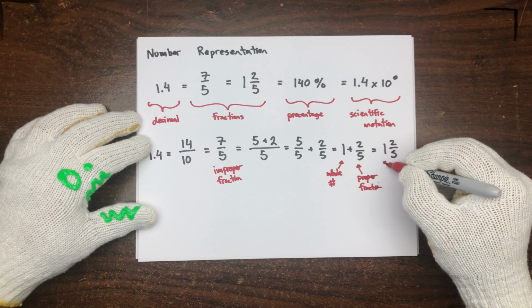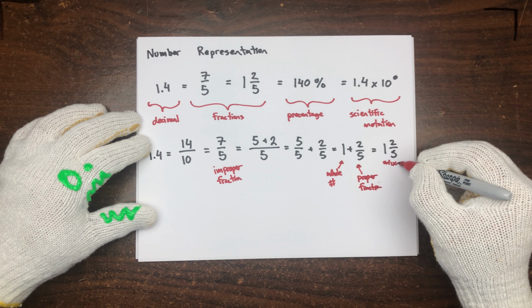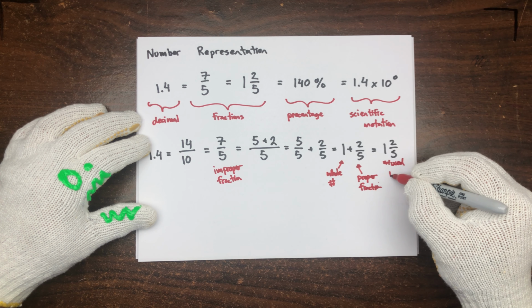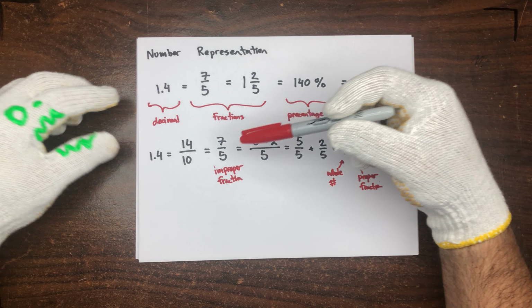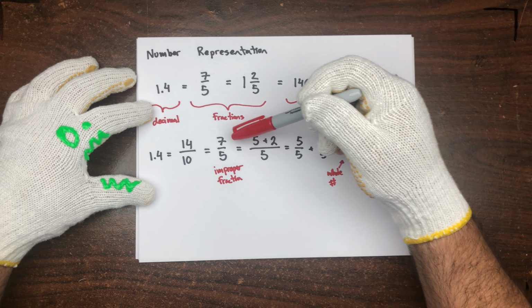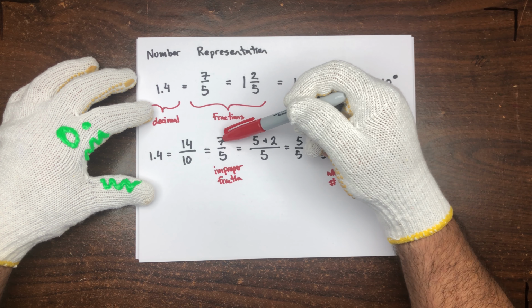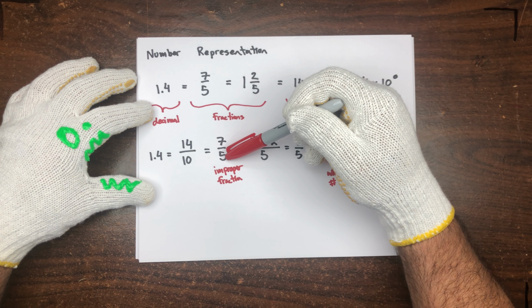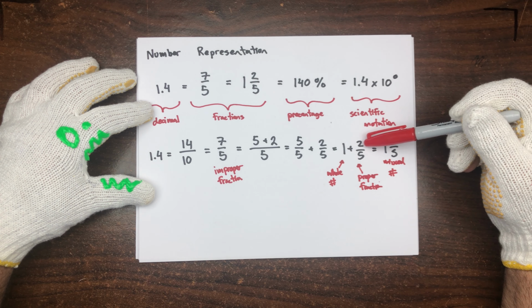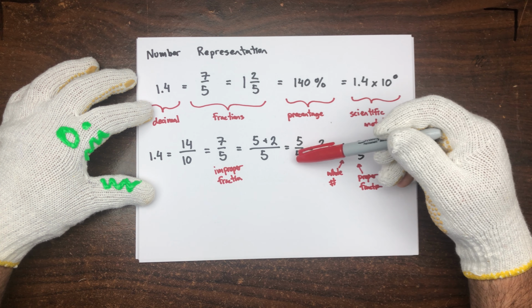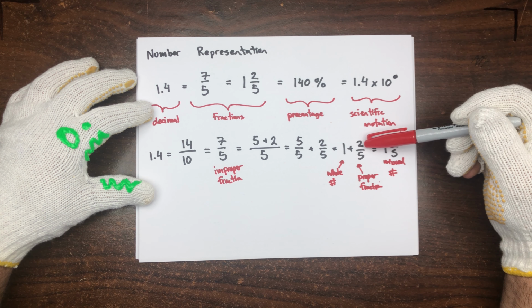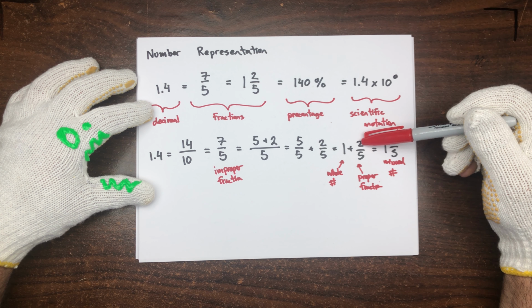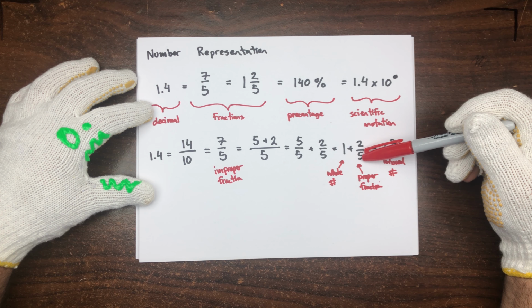And this one is a mixed number. The difference between improper and proper fractions is that the numerator is larger than the denominator in an improper fraction, whereas by taking out the whole number, you're left with a proper fraction where the numerator is smaller than the denominator.